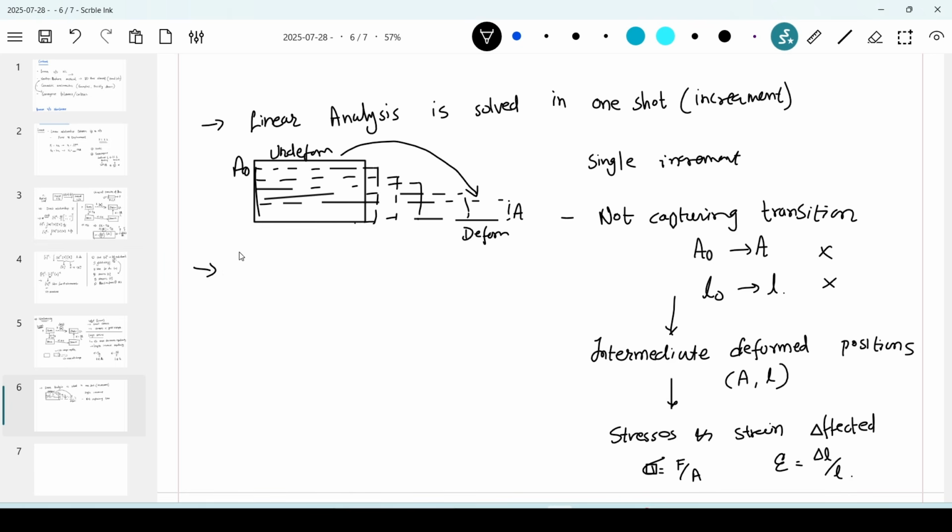In non-linear analysis, you can understand this is the most important characteristic of geometric non-linearity.